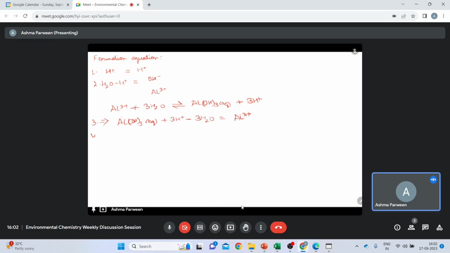The next species was AlOH 2+. We know that Al3+ plus 1 H2O will give us AlOH 2+ plus H+.